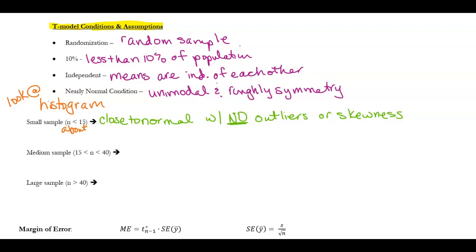For a medium sample, and again, these numbers are kind of estimates, it's about between 15 and 40, the t model will work well if the data are unimodal and symmetric.